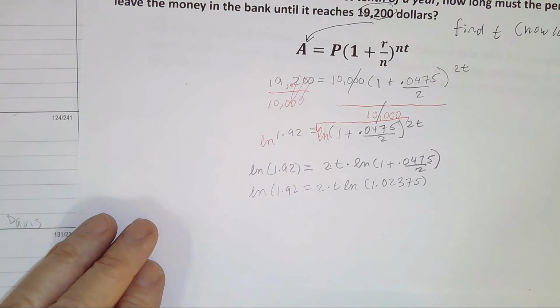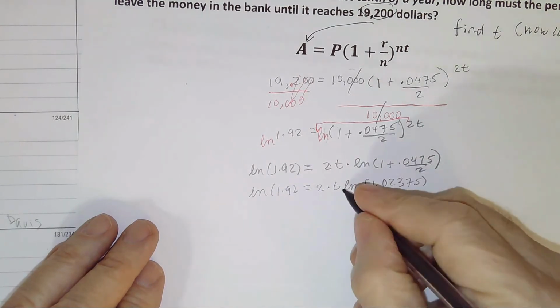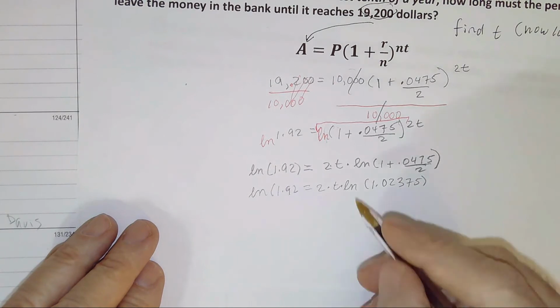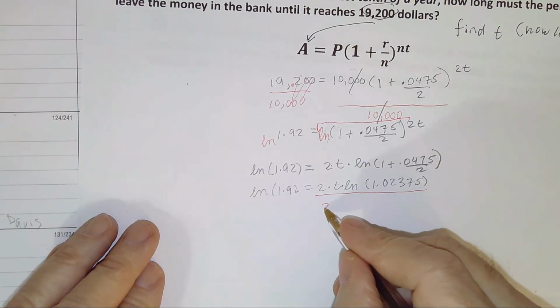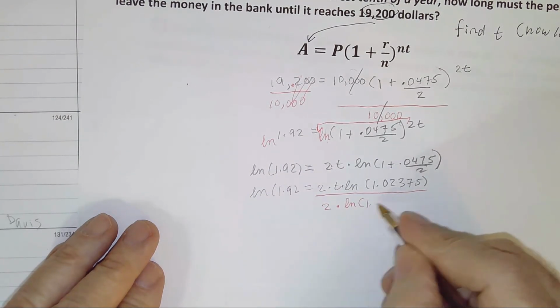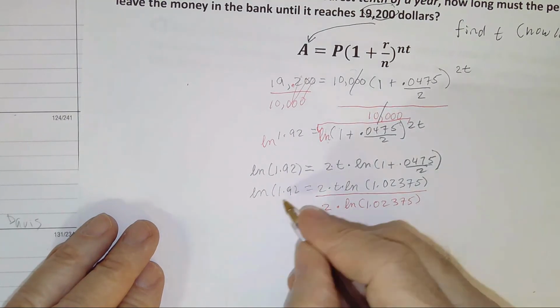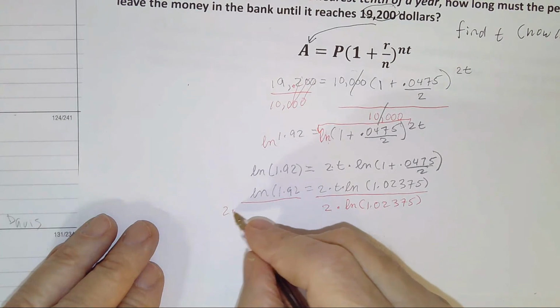All right, now I'm going to divide. I want to get the t by itself, and I said everything's multiplied together here on the right. So I'm going to divide the whole thing by 2 times the natural log of 1.02375, and I'm going to do that on both sides.